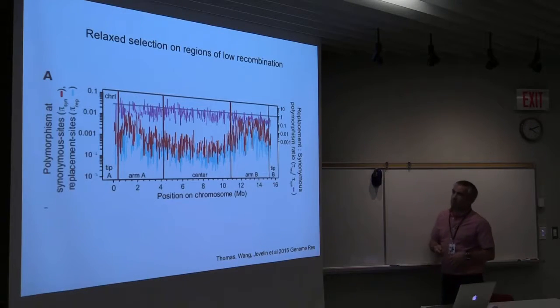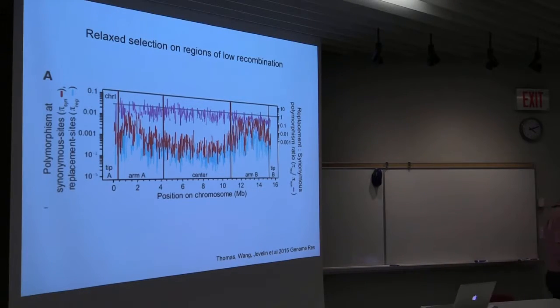The other pattern we observe in the selfing species is weakened natural selection against deleterious mutations in regions of low recombination. We surveyed nucleotide variation in the entire genome of one of the selfing species, C. briggsae, and this shows you the first chromosome, chromosome 1. Chromosomes can be divided into different domains based on their recombination rate. Recombination is low in the center and much higher in the arms, or the tips, of the chromosome.